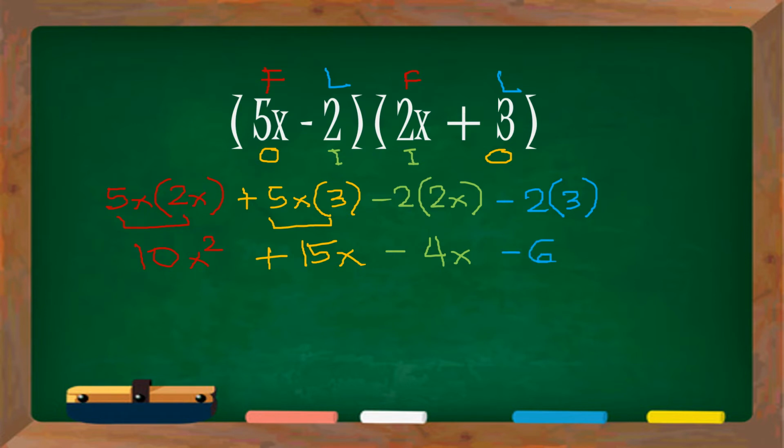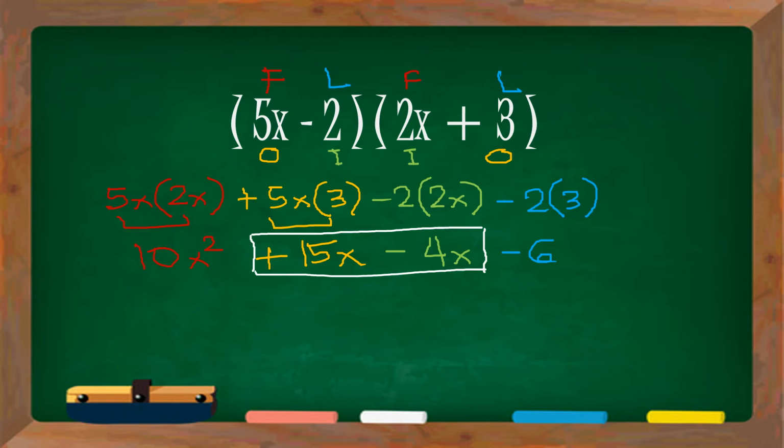Okay, sabi ko nga, yung nakuha nating answer for outer and inner terms ay kadalasan similar terms. Hindi naman palagi, pero there are times or mostly they are similar terms. So dito, ang ating outer and inner terms, ang sagot nila is 15x and negative 4x.